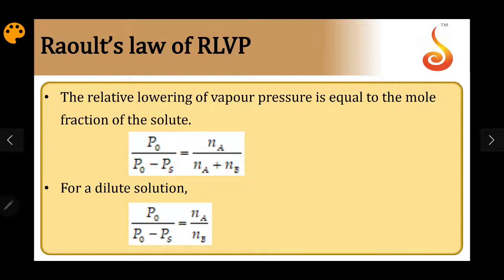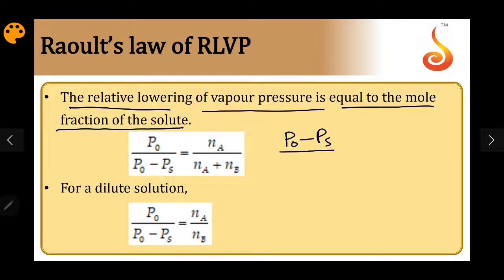If I take Raoult's law for RLVP, the relative lowering of vapor pressure of a solution is equal to the mole fraction of the solute. Okay, it is reversed actually, I think. So here it should be P naught minus Ps by P naught is equal to Na by Na plus Nb.